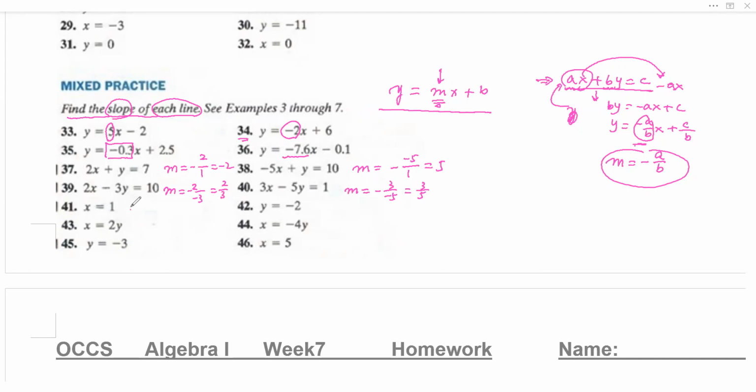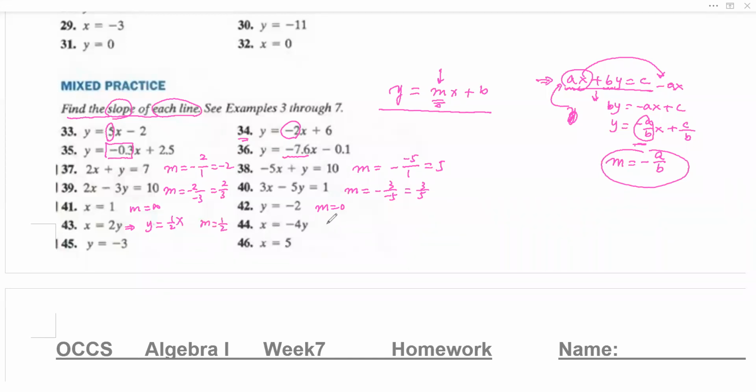So for this vertical line, the slope is infinity, right? And for this vertical line, the slope is infinity. For this one, a horizontal line, the slope is 0. What about this part? We do a quick transform first: y equals half x, so the slope is half, right?